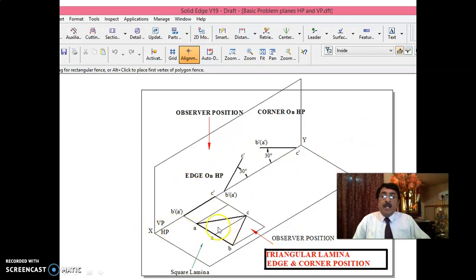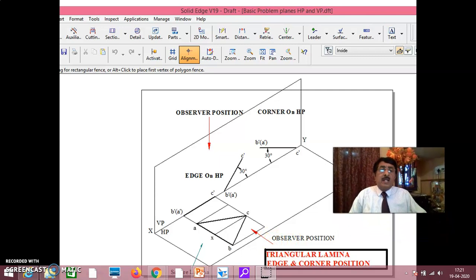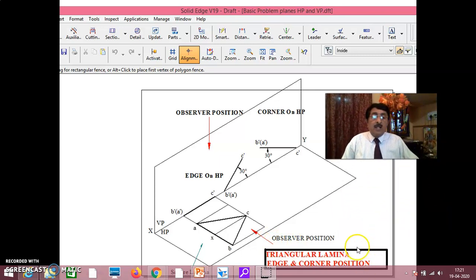See here, if you have a triangular lamina this way, you are looking from here. Always understand, the observer is looking in this direction, perpendicular to VP, to draw the front view. This is the observer position, perpendicular to HP, to draw the top view.